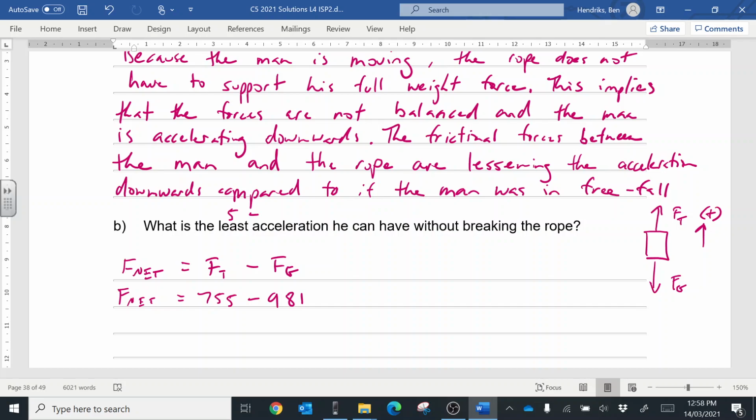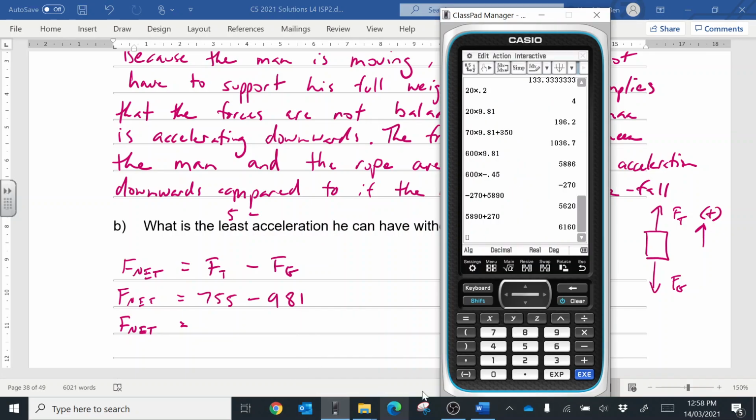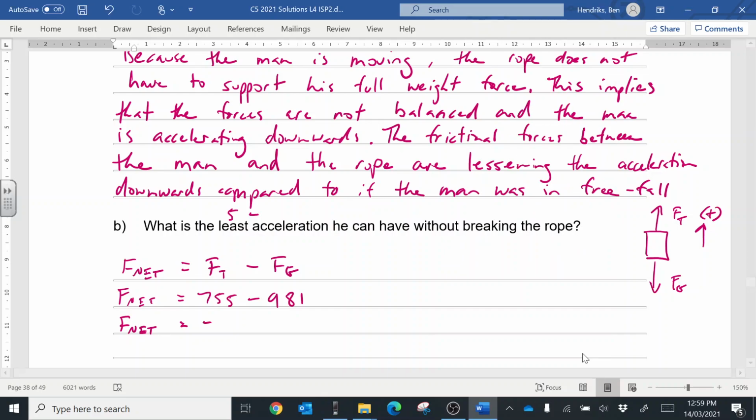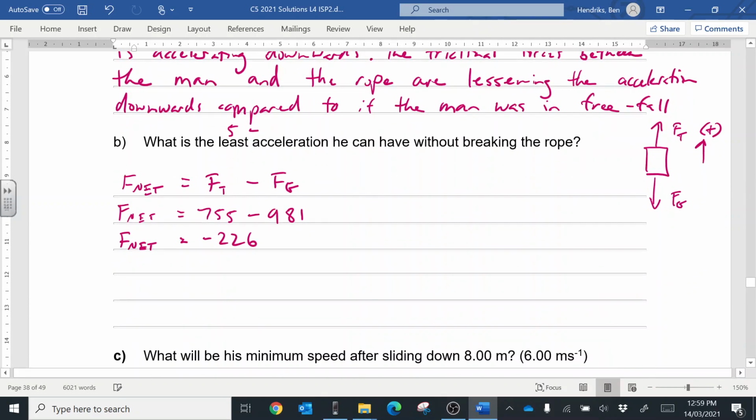So the maximum Fnet for the rope not to break: if the tension force was 750, then it would just be at breaking point. What is that equal to? 750 minus 981, which is negative 231. And Fnet is also equal to the mass of the man times his acceleration.